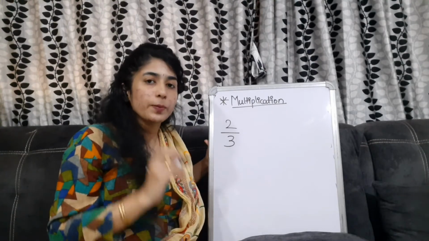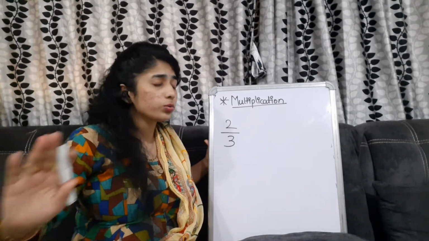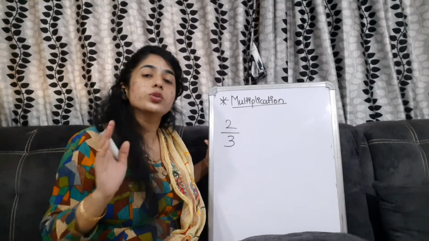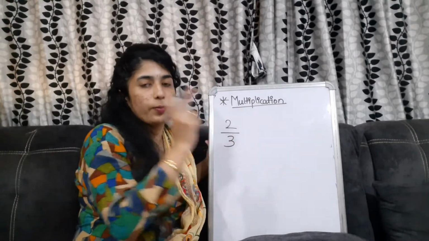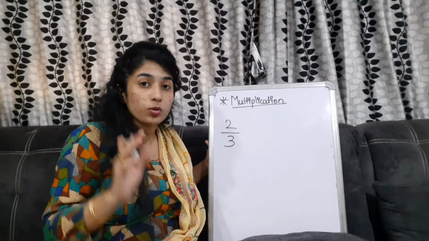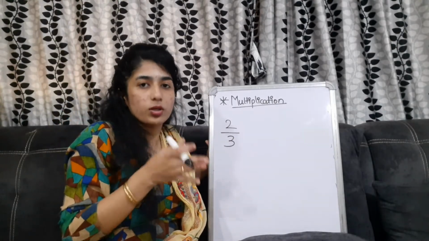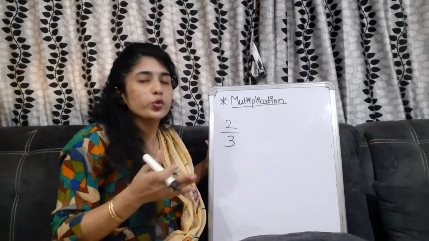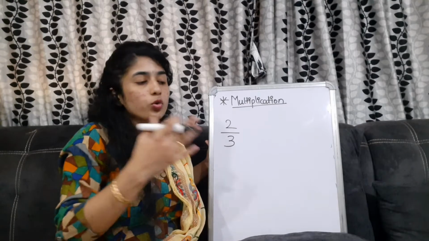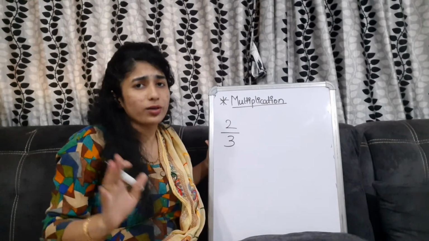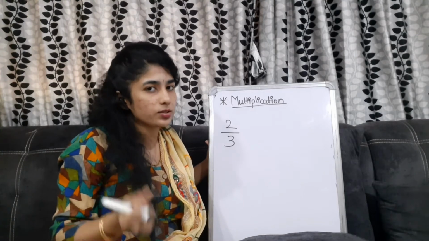Now you can multiply it by 200 or 2000, doesn't matter. You just have to make sure that you are multiplying both numerator and denominator by the same number. But I'll suggest you go for a smaller number, like 2, 4, 6, whichever is convenient. I'll prefer to go by 2, 3 or 4. I don't go for higher numbers because it is easy and you get the answers quickly.